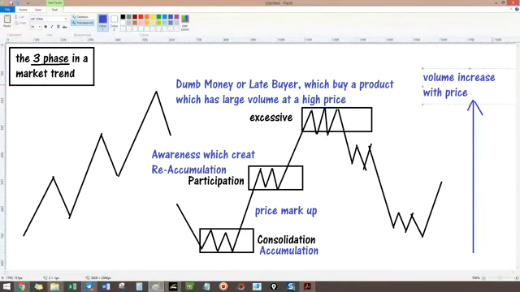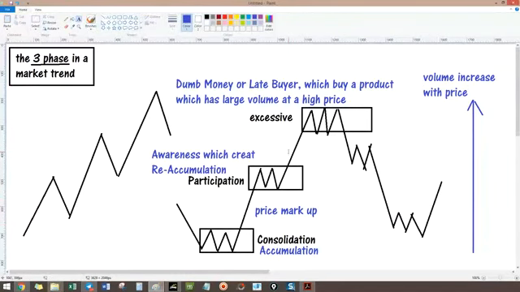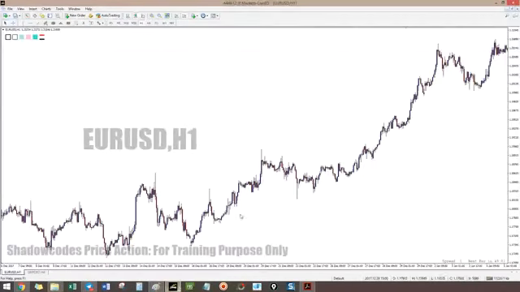The volume of participation increases and price also increases here. If you see over here at the right corner, this thing that I show you, this is price. I think I need to draw something like this.